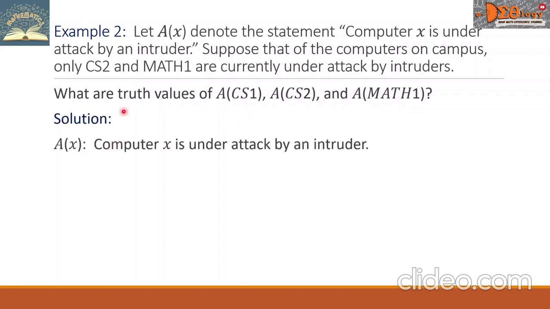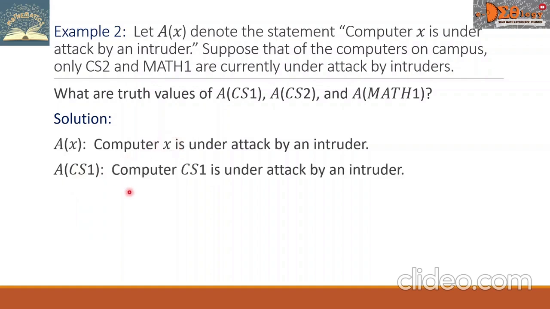Let us write the given. A of x, colon, computer X is under attack by an intruder. Let's begin with A of CS1. So we substitute the variable x by the computer. So we say that computer CS1 is under attack by an intruder.